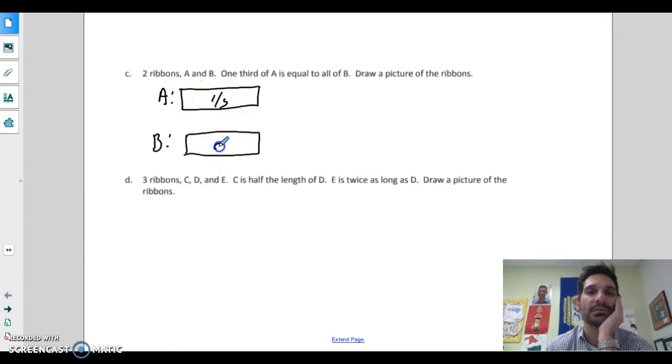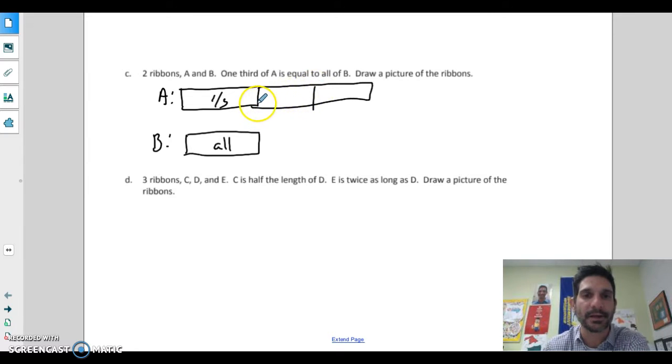This is all. What do I need to do? I need to draw two more thirds. Now, it's not drawn to scale, but that's what it would look like.